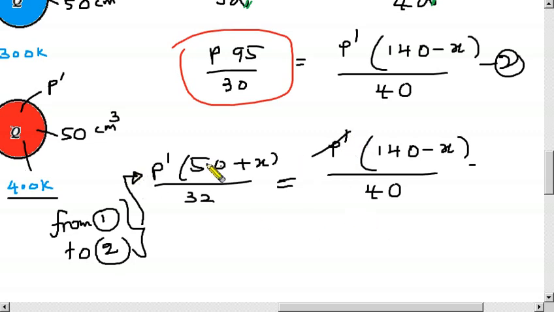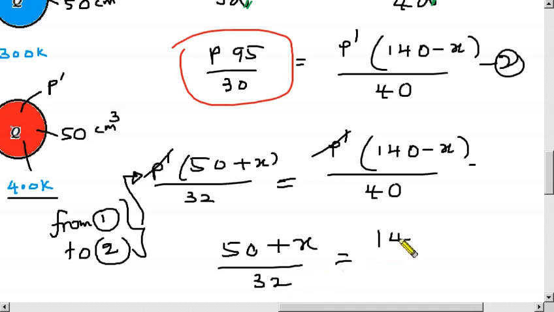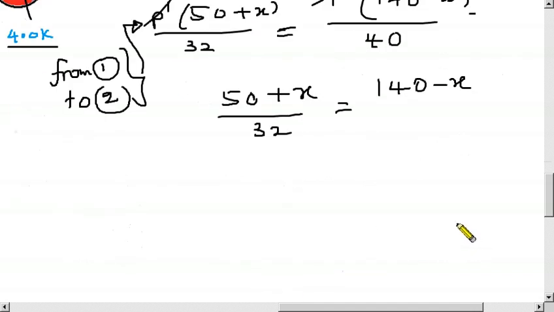So P dash cancel, then 50 plus x divided by 32 equals 140 minus x divided by 40.